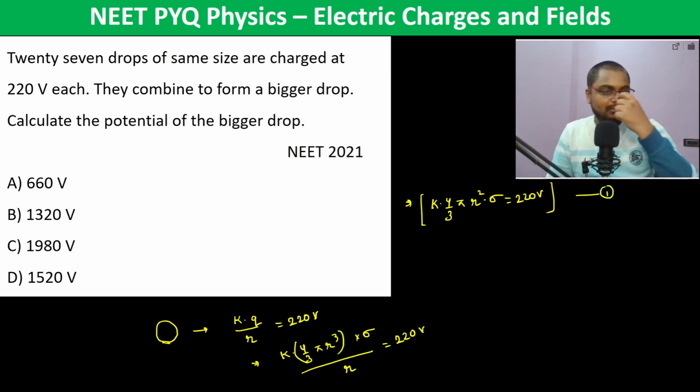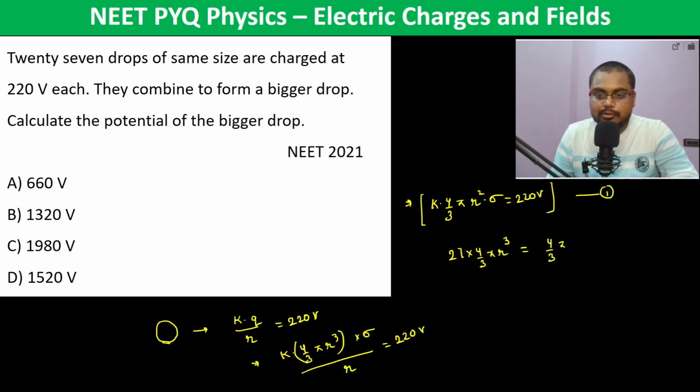Now when all of them come together, they form a bigger drop. So the radius of the bigger drop: it's 27 into 4 by 3 pi r cube, this is the volume, and now it makes a bigger drop, 4 by 3 pi into R cube. So therefore if you see, R becomes 3 times small r.